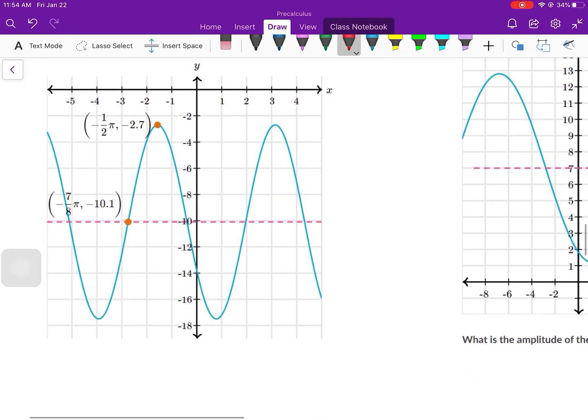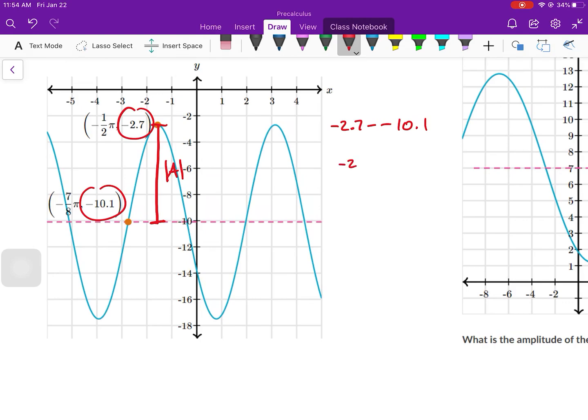This one's even easier. We just need the vertical distance. We need this distance right here. This is the amplitude. So let's go ahead and just subtract the y values. That's finding that distance between negative 2.7. Remember, it's a positive number, so we're just going to subtract these two. If you end up with a negative number, you just do the absolute value.